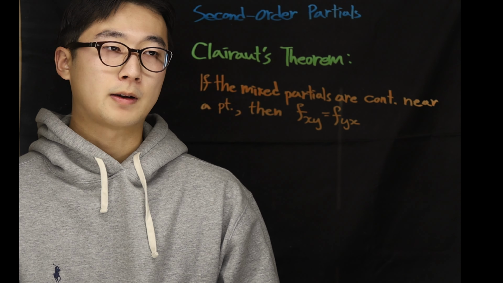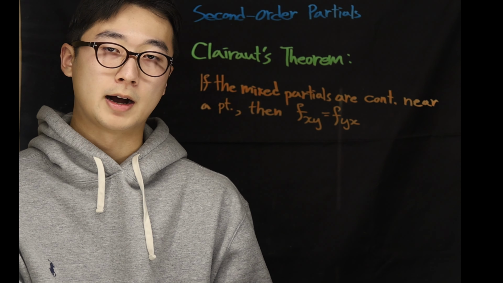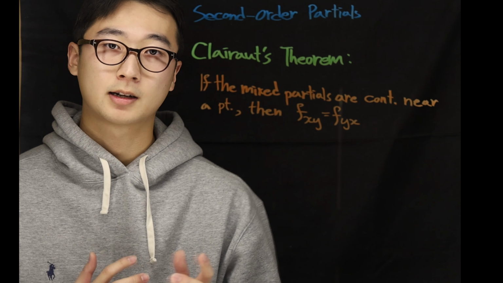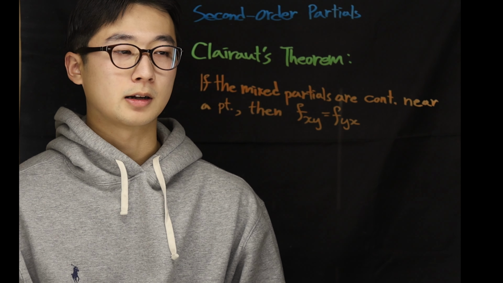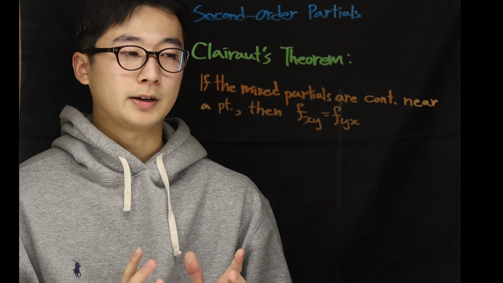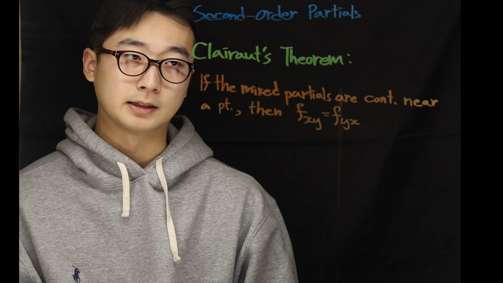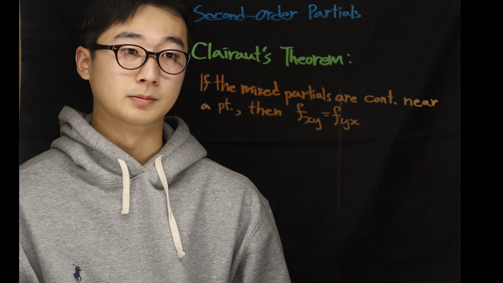When you want to find the mixed partial, you just need to find the derivative in y while treating x as constant. So it's really simple. But I just wanted to keep this video for interpretation and deeper understanding. Now let's get into Clairaut's theorem.